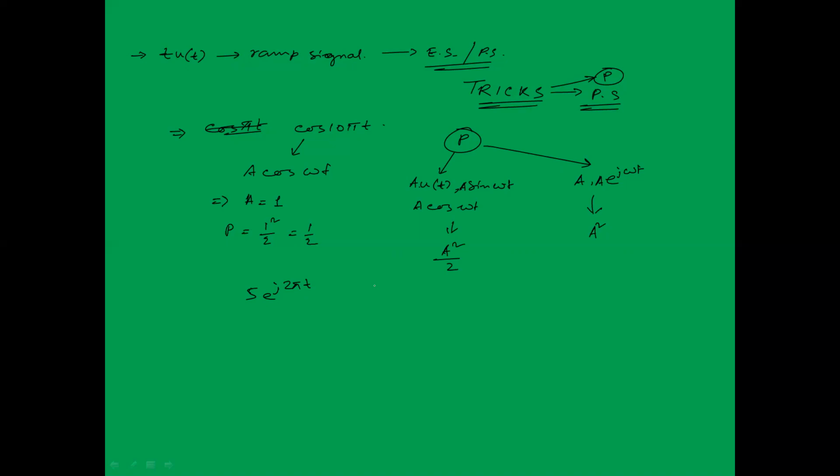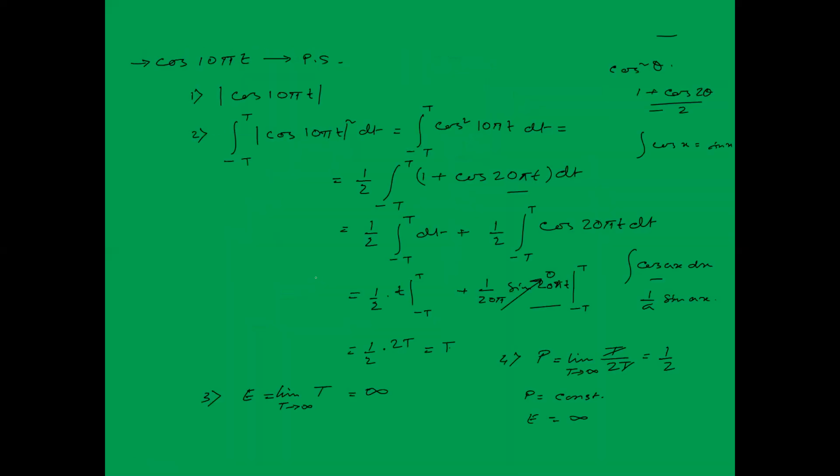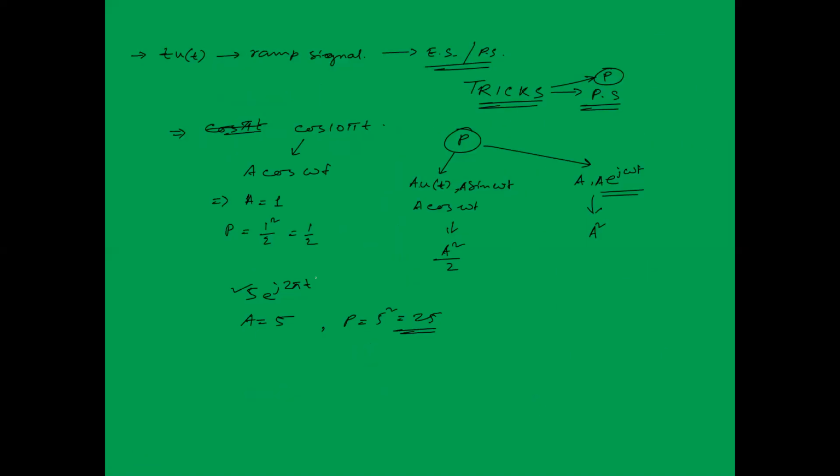And for a periodic signal of this form, A equals 5, so its power will be 5 square, that is 25. Please try to find the power of this signal with this method. This is the shortcut method.